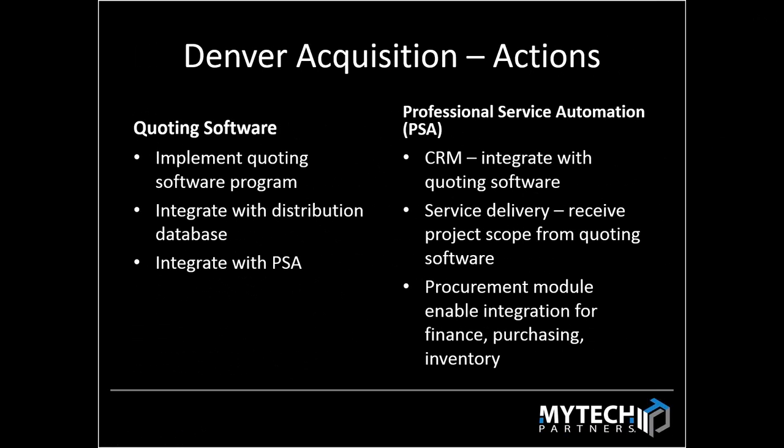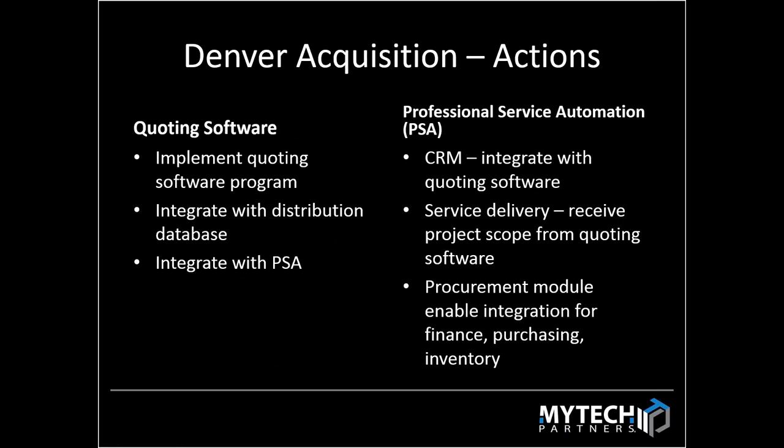The other thing that it does is that it's really nice that our quoting software actually integrates with our distribution software. So if a customer says, hey, I need to buy a new PC or a laptop or something like that, through our distribution software, we can actually do a search in our quoting tool and find the features of the PC, the capabilities, as well as whether or not it's in inventory in stock, so we can get it quickly and meet the customer's timeline requirements.